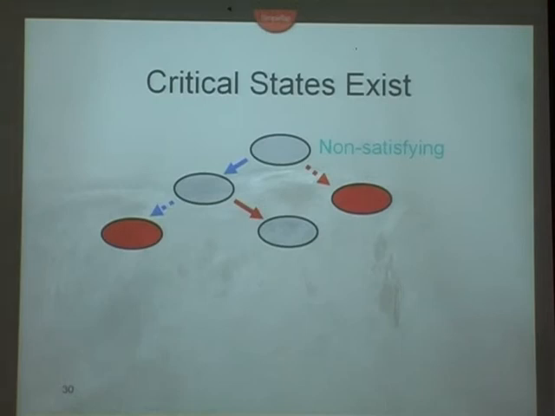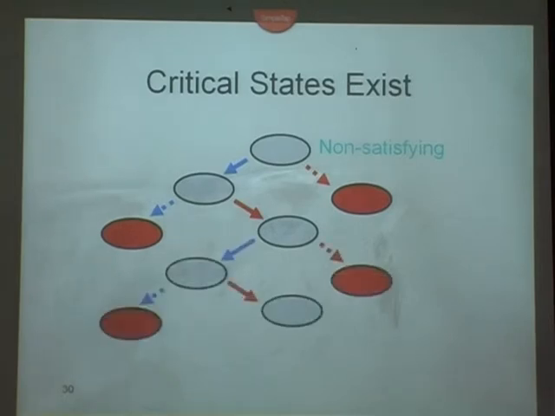Given a choice, we always pick the path that doesn't make the property become true. The claim is that eventually, because we can't run forever, since if we could, this wouldn't be a wait-free protocol, we must come to a state where no matter who the scheduler lets run, red becomes true. And that's the critical state.